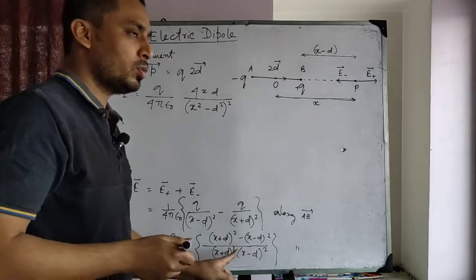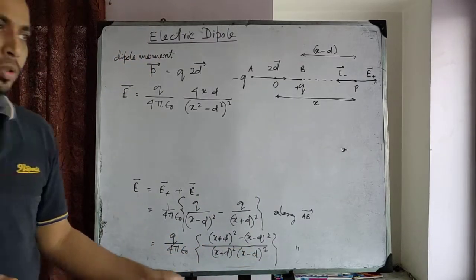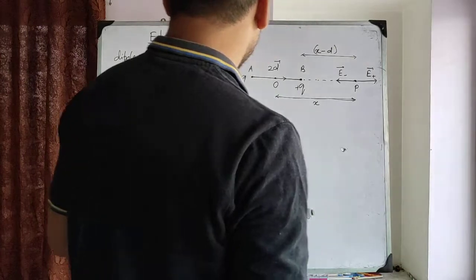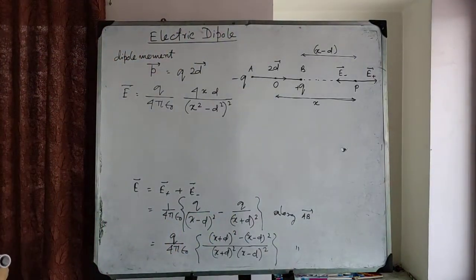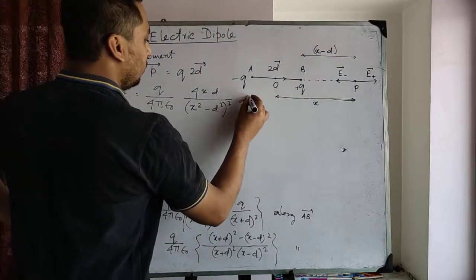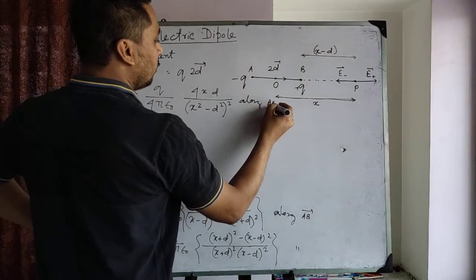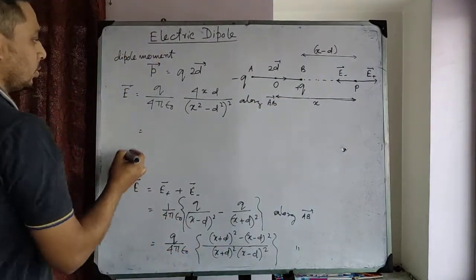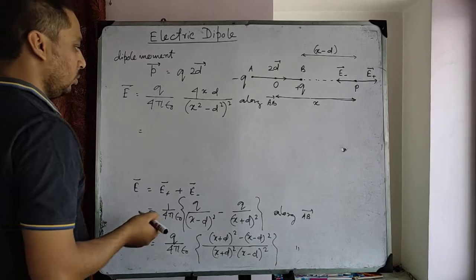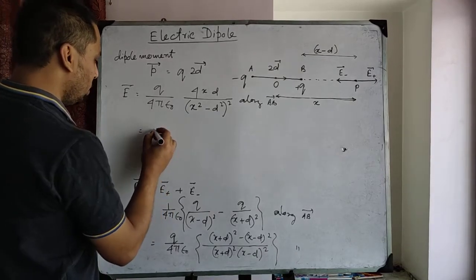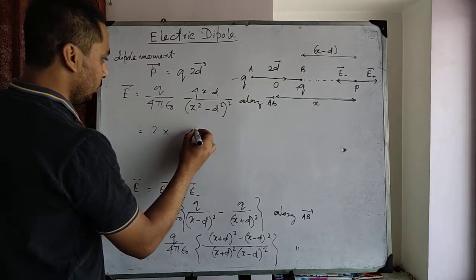So this is x square minus d square whole square, along AB.